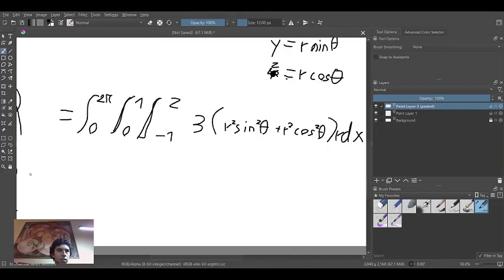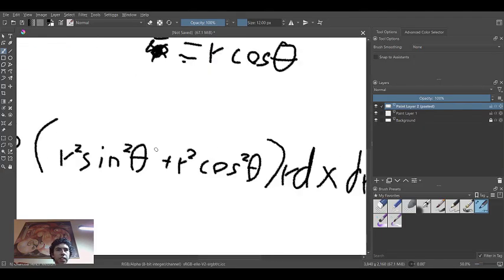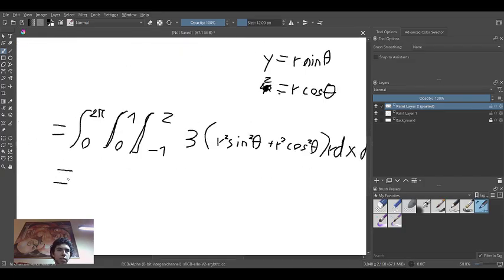And that's it. So we're going to solve this. We can see here that sine squared plus cosine squared is 1. So we can just simplify this.